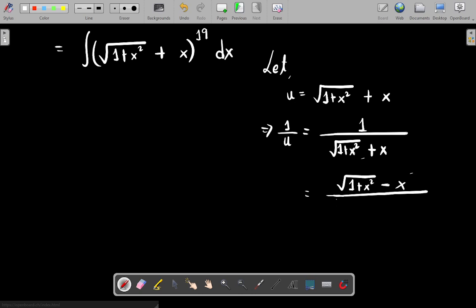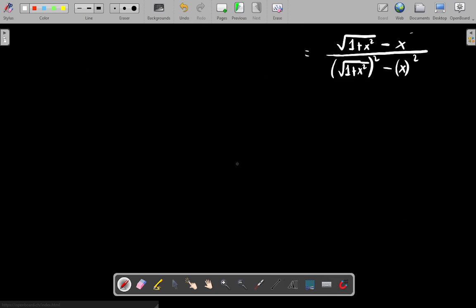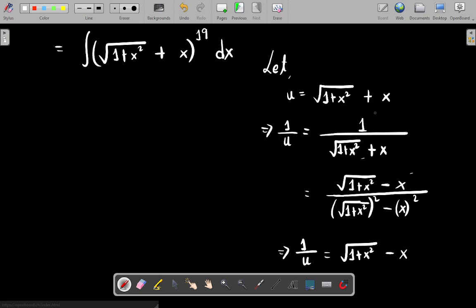So this again becomes (square root of 1 plus x square) whole square minus x whole square, which just becomes 1, right? So we have 1 by u equal to just square root of 1 plus x square minus x, right? Okay, so you can understand this step. This is also 1 by u.